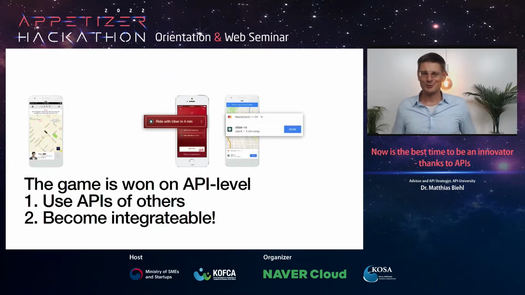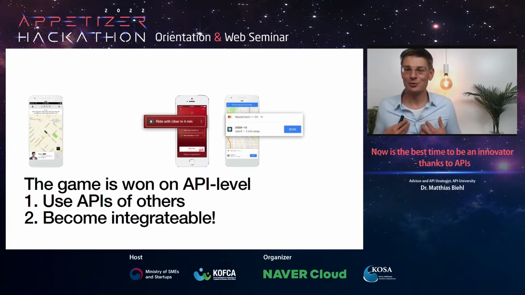What I want to show you is this is a great time to be an innovator, because the game is won in two ways. It's won on API level, either by offering APIs to others or by using the APIs of others, right?